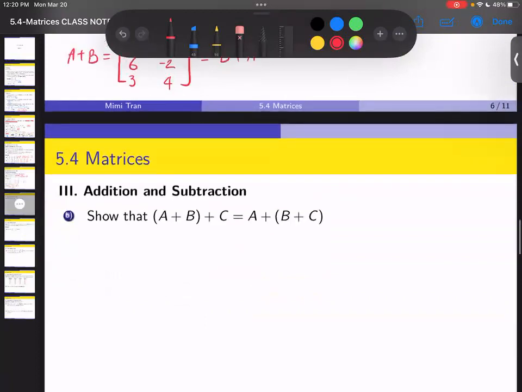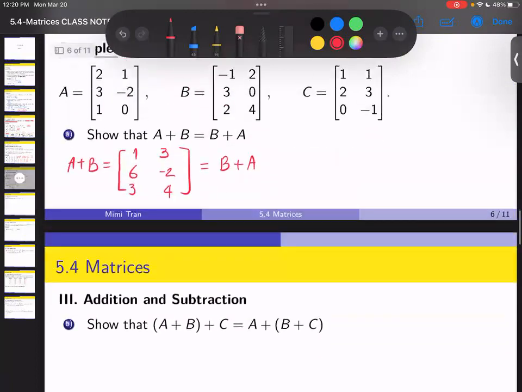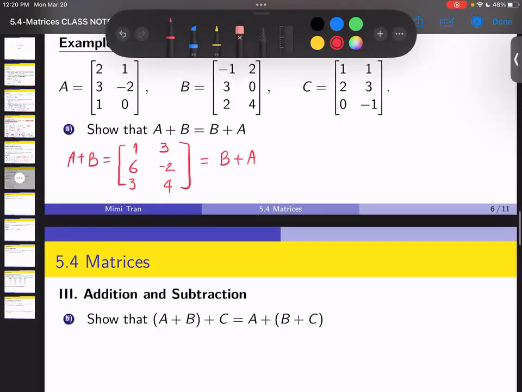Number 2, show that A plus B plus C equals A plus B plus C, with the grouping changed. Let's do one at a time.